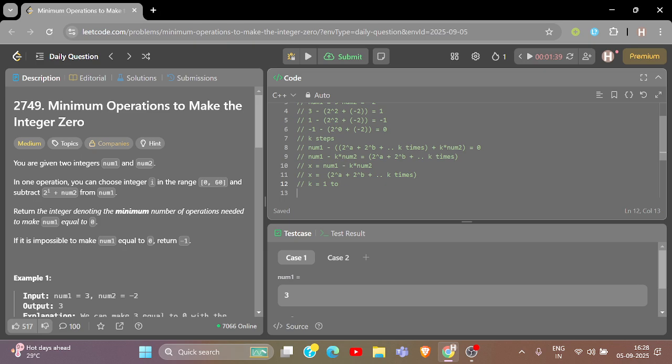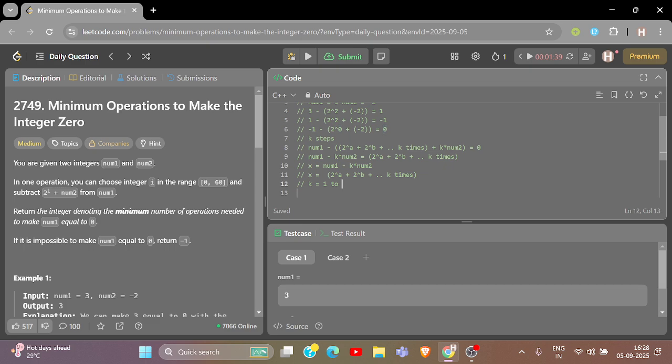If at any point I reach this condition, then I can say my current k is my answer, because after the iteration we will reach a k which will be greater than the current one. So this is my minimum.